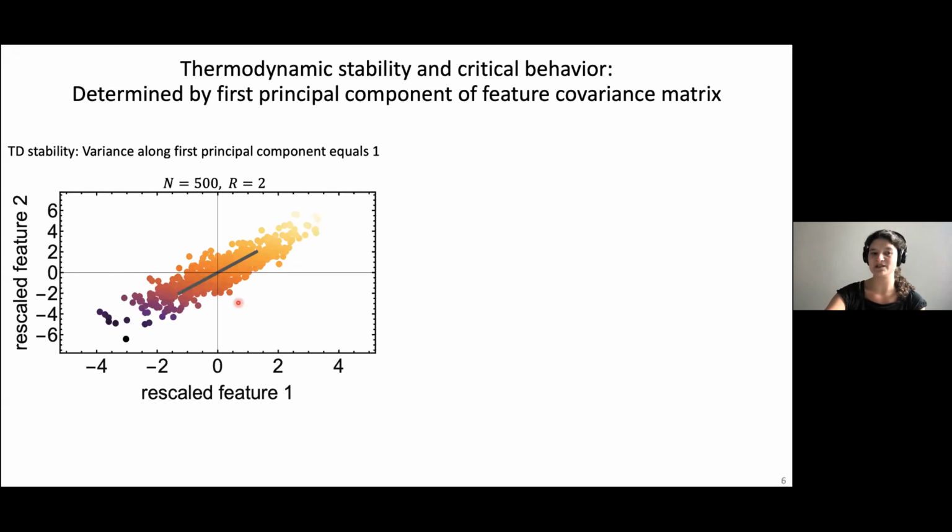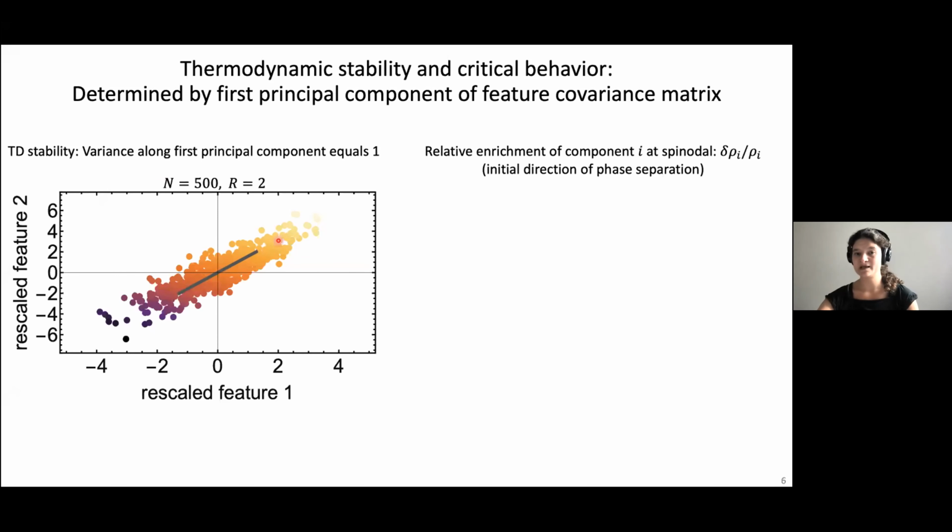So basically we have these 500 features, they have a certain covariance matrix, and to determine if the mixture is stable or not, we look at the first principal component, which is shown here in gray. If the variance exceeds a value of 1, the system would phase separate, and if it's below 1, it's stable against local perturbations.